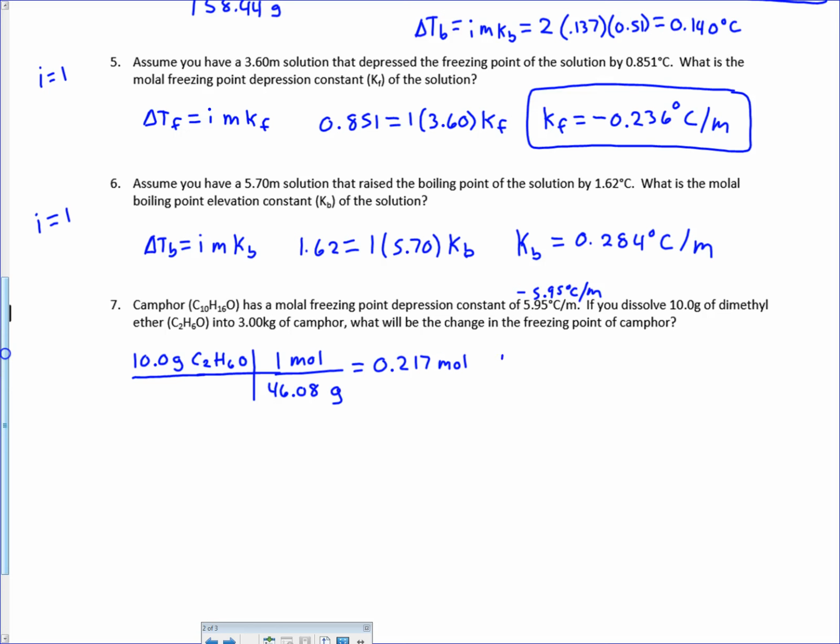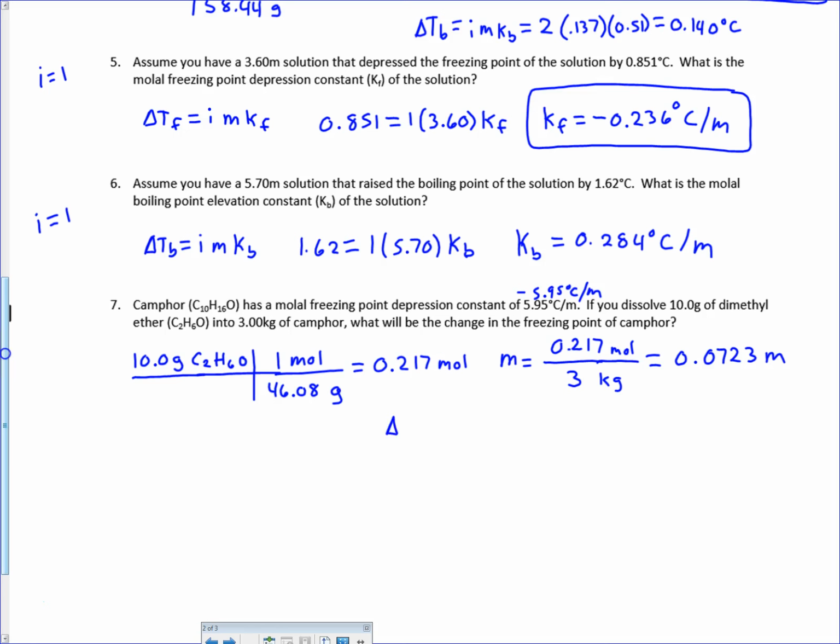Then we can calculate the molality. Molality is 0.217 divided by 3 kilograms, which in this case equals 0.0723 molal.